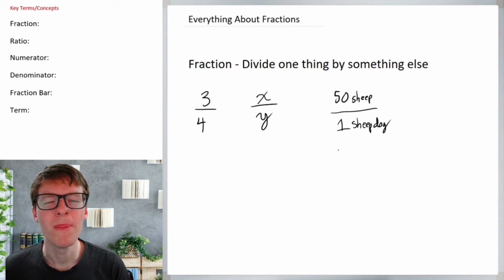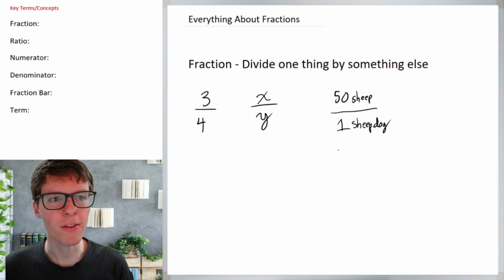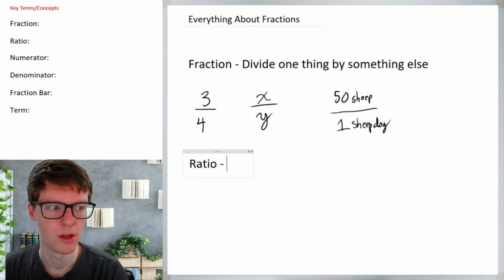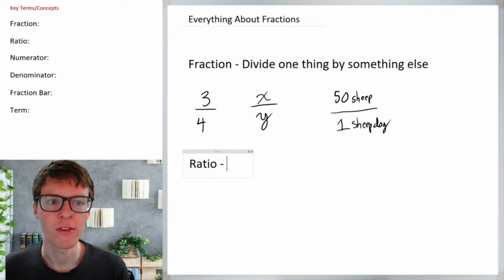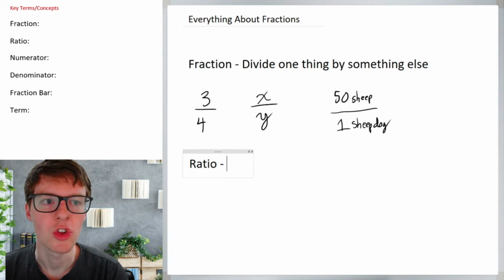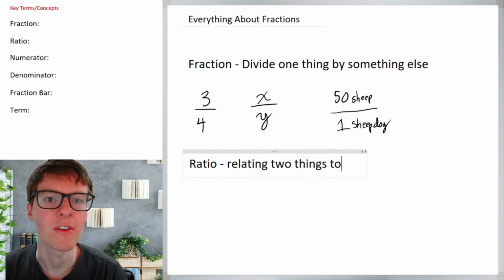Now, there's another, a bit more advanced definition of fractions, and that's going to be a ratio. What a ratio is, is any time you're relating two things together.